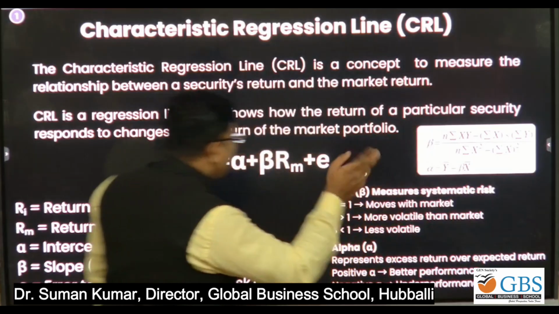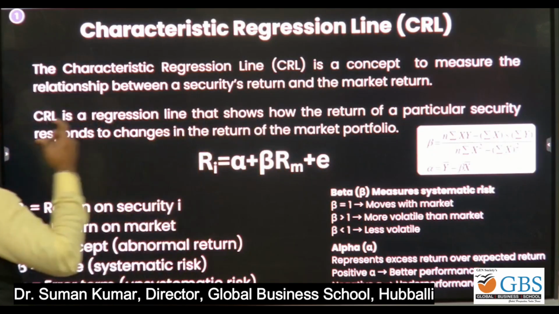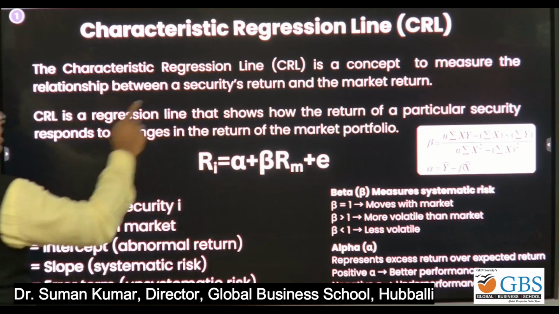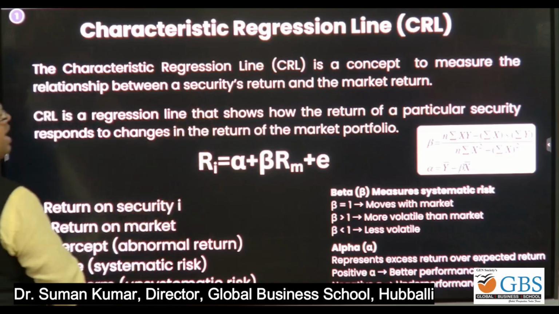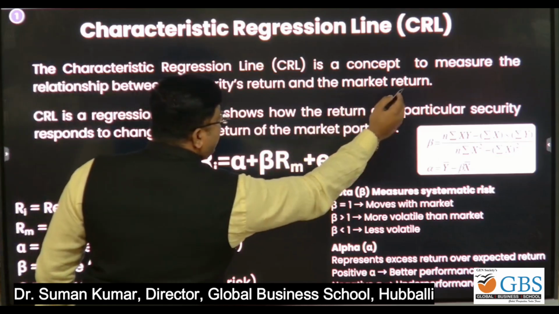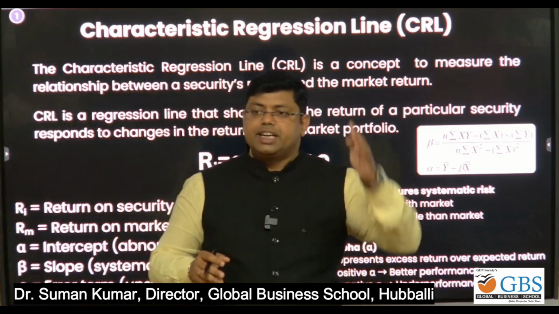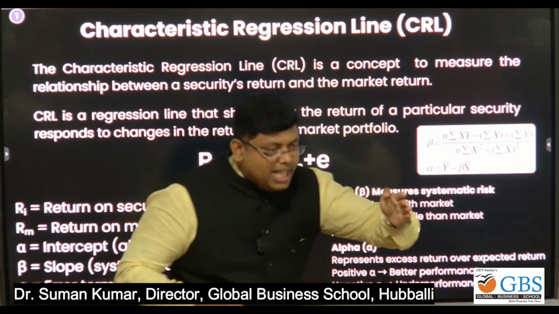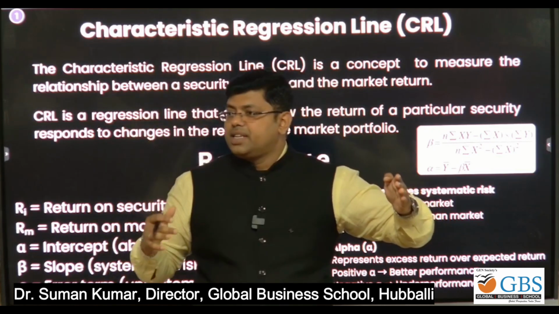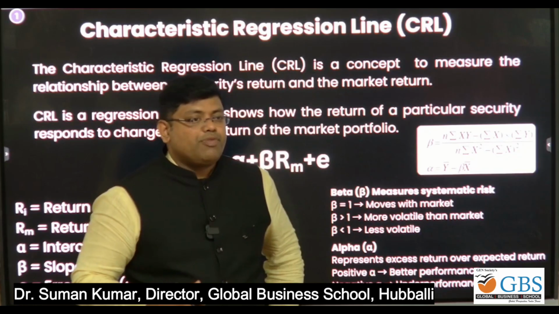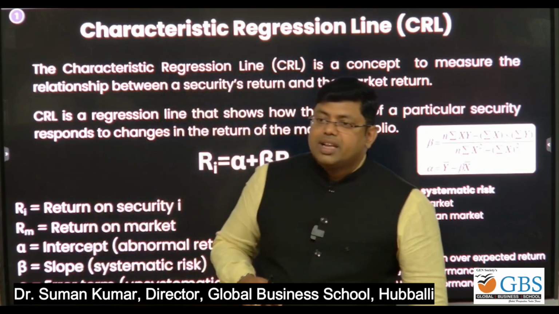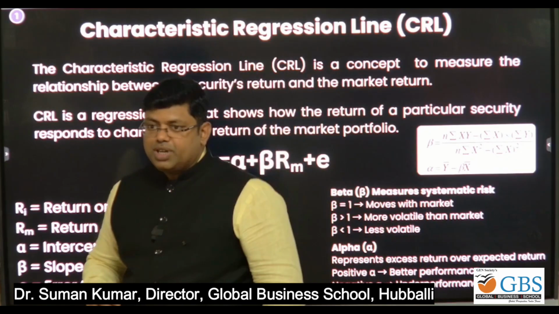So here we are finding the correlation between what and what? One is the individual security line and also the market returns. So what is the relationship between the return of one company and its market? What is an example for market? Sensex or Nifty? Yes, Manjula?